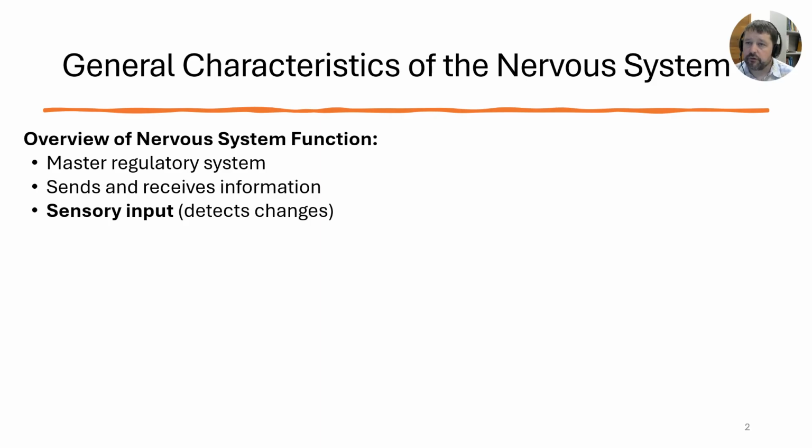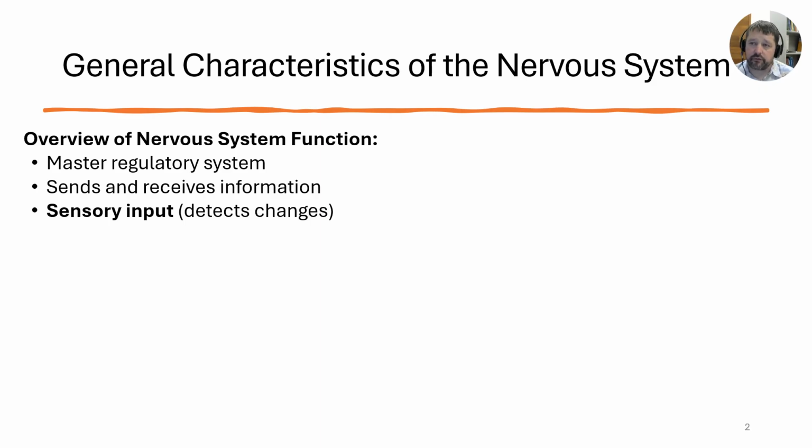First, you have a sensory portion of the nervous system. This is going to detect changes, and this could detect changes in chemistry within the body. So maybe you have not enough calcium, not enough sodium, potassium, things like that, not enough water.